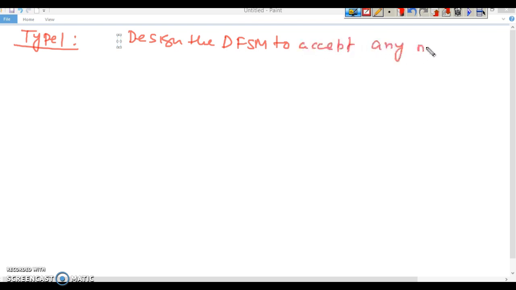any number of A's. Design the DFSM to accept any number of A's. Sigma input is given here as A star. Star means 0 or more occurrences. You can take any number of A's. So first, write the language this machine can accept.